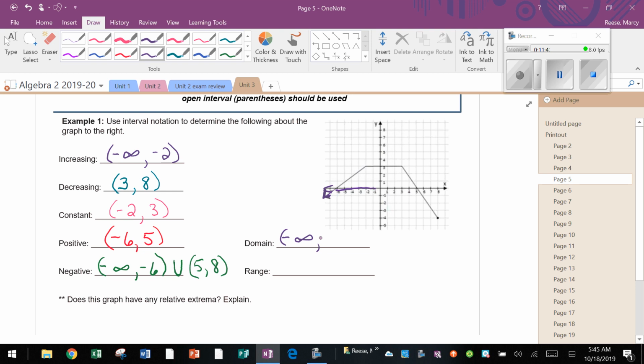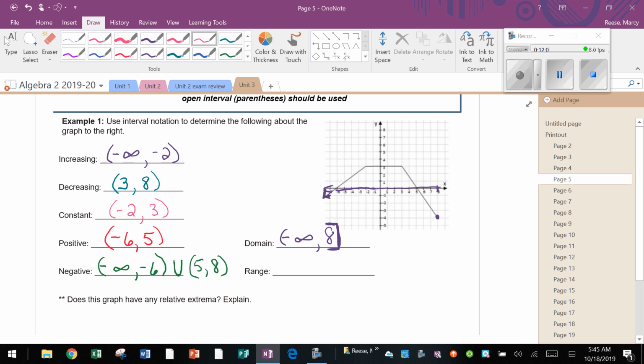So that's negative infinity. And then it stops here at 8. There's no more graph after x is 8. After x is 8, it's done. And it includes a point at 8, so we're going to use that bracket. That's where the brackets come in here today.